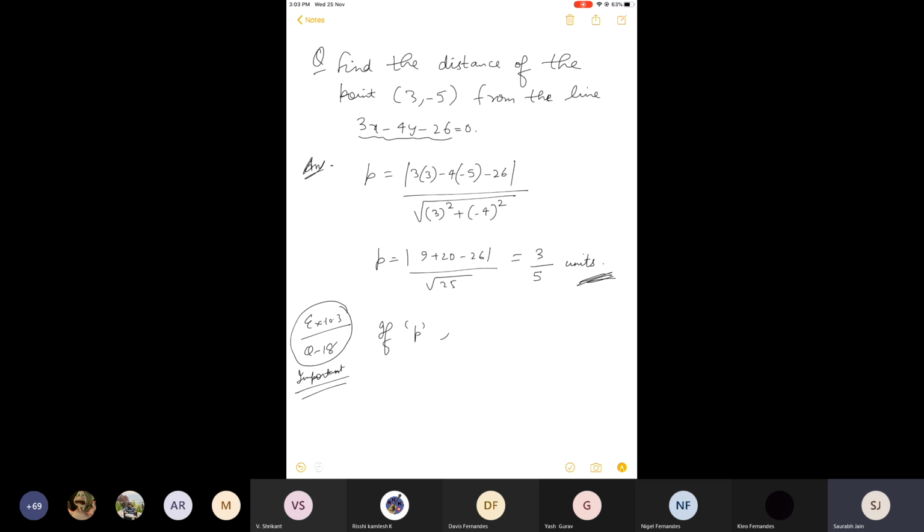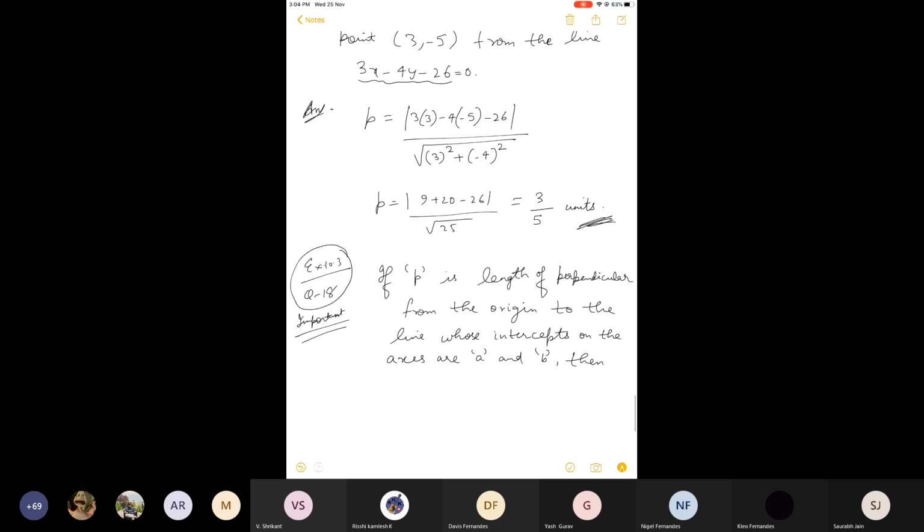Question is, if P is the length of perpendicular from the origin to the line whose intercepts on the axes are A and B, then prove 1 upon p square equals 1 by a square plus 1 by b square. Solve this.